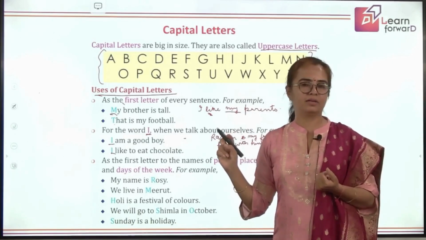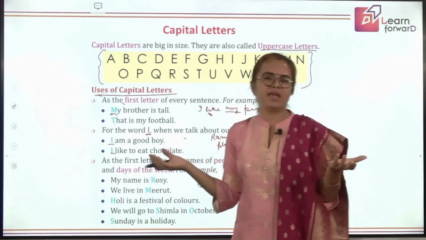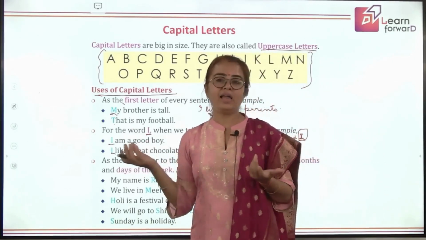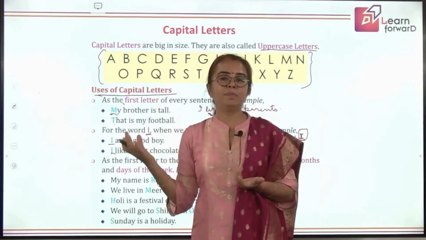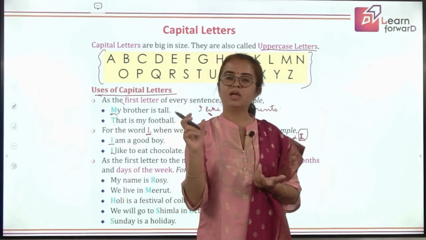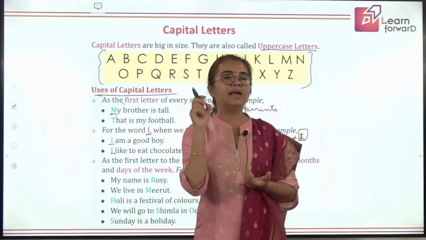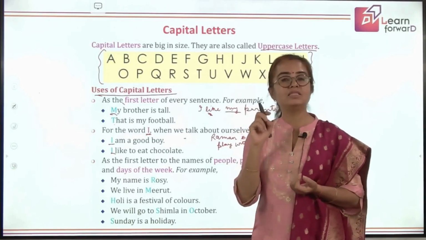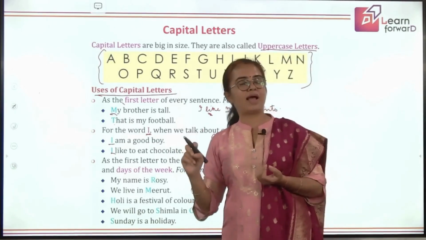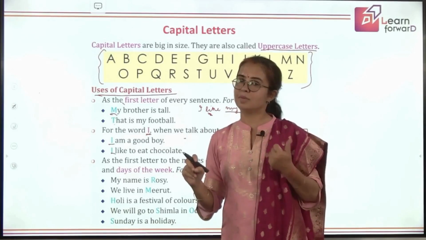I live in a city. City can be any city. But if I say I live in Los Angeles, that is a particular city. I live in Paris. That's a particular city. So that is a special name. And the names always begin with a capital letter. These special names, even if you write between the sentence, remember that.